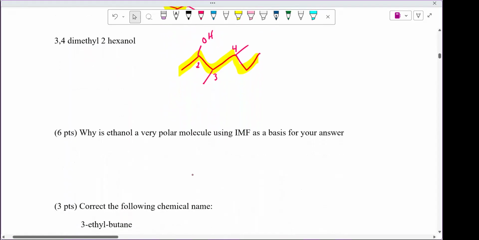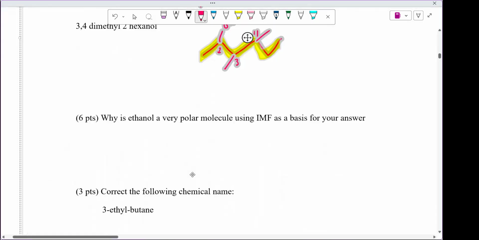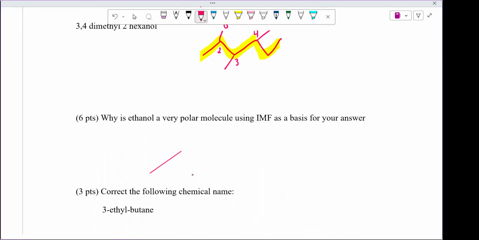Okay, intermolecular forces. We're going to use oxygen a lot in this semester. Whenever you see oxygen, I want you to think polar. Now, if we look at ethanol, let's list all the intermolecular forces.